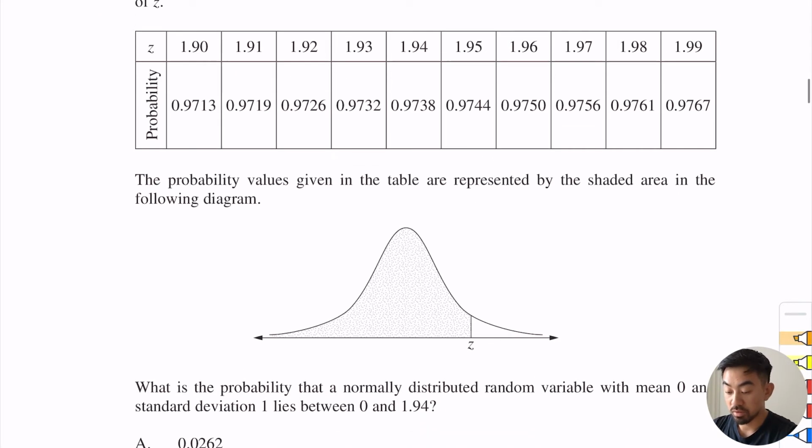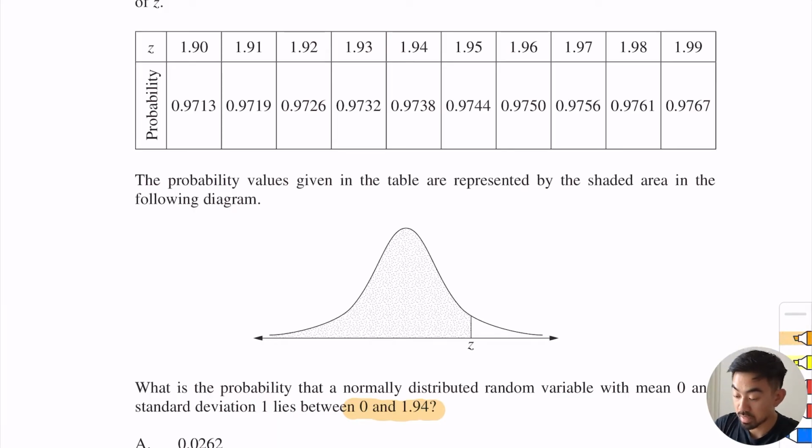Okay, now the probability values given in the table are represented by the shaded area in the following diagram. What is the probability that a normally distributed random variable with a mean of 0 and a standard deviation of 1 lie between 0 and 1.94? Okay, now they're giving us this diagram because they want you to use it.